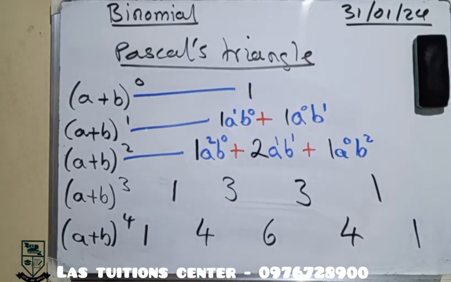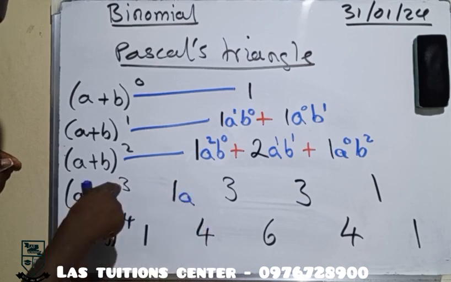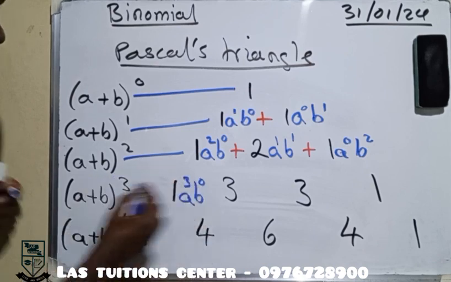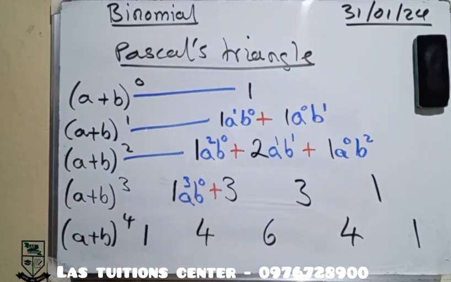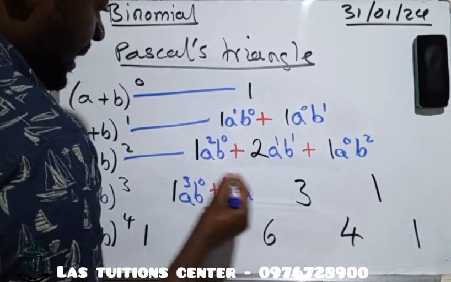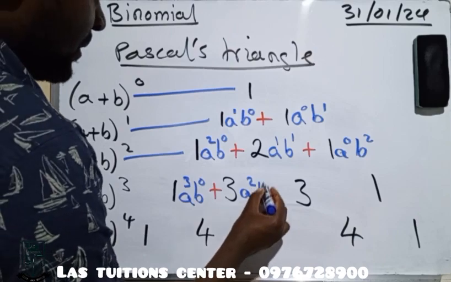So the same applies when we come to this one. The a begins with the 3 because that's the highest power, while the b begins with a 0. Plus, then the next step, the a will reduce by 1 to become 2. The b will gain a 1 to become b to the power 1.